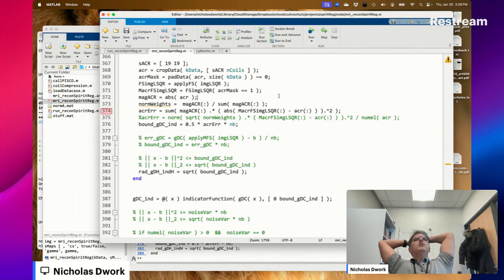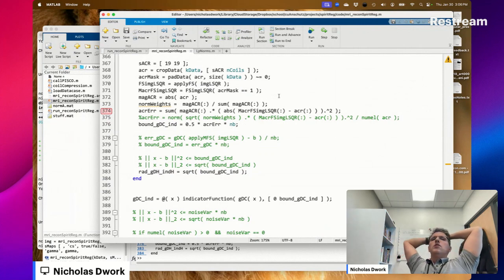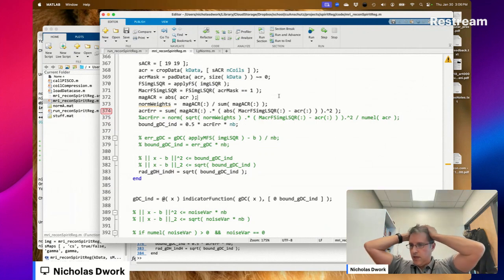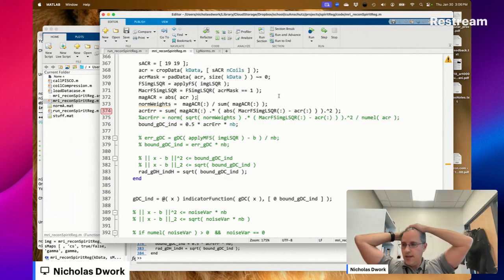If we have three values, 1, 1, 1, what's their average? 1. Let's take the weighted average. So we're going to weight the first by a quarter, the second by a half, and the third by a quarter. Well, by multiplying by ones, it's all the same. Hey, what on earth is a weighted average?